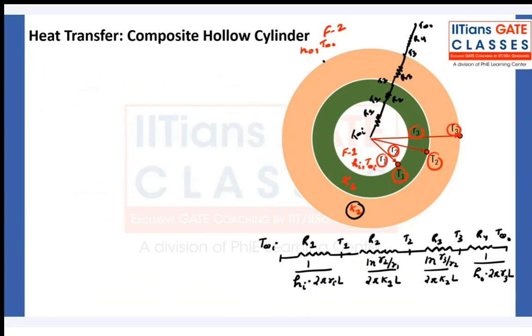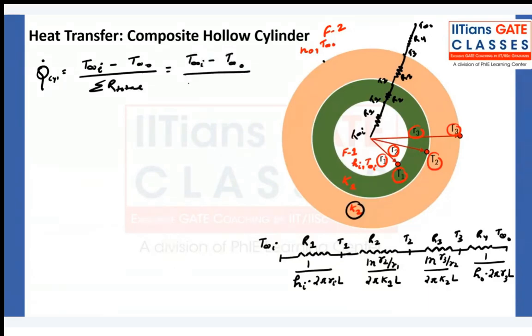Okay. So now if I need to calculate Q dot conduction in the cylinder, can I write T infinity inside minus T infinity outside upon the sum of total resistance, which is R1 plus R2 plus R3 plus R4? I can write like this.